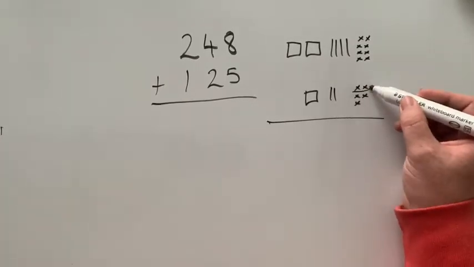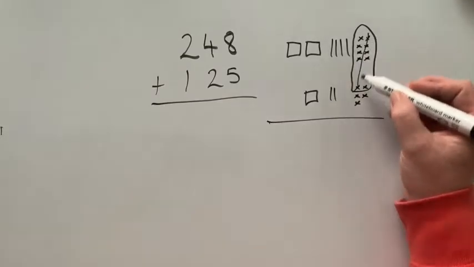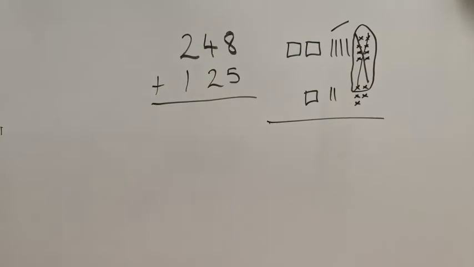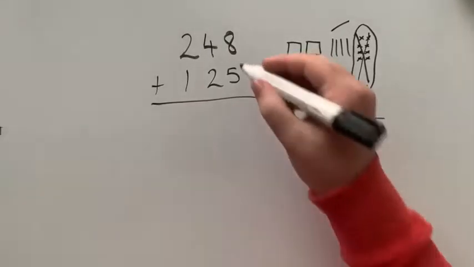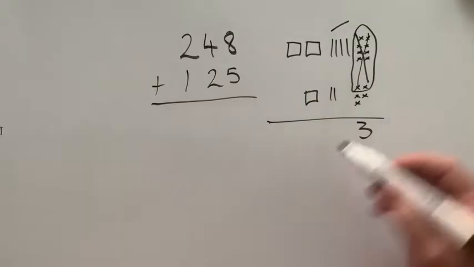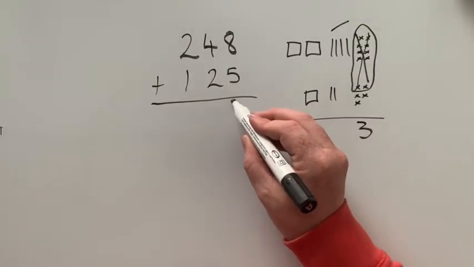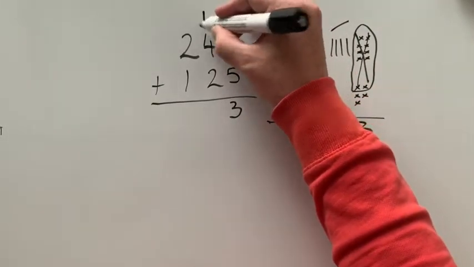What we need to do is circle 10 of the X's, cross them out and rename them up the top as a 10. And there are 3 left over. What that looks like here is 8 and 5 gave us 13. So we write our 1s here and we put our extra 10 up the top.